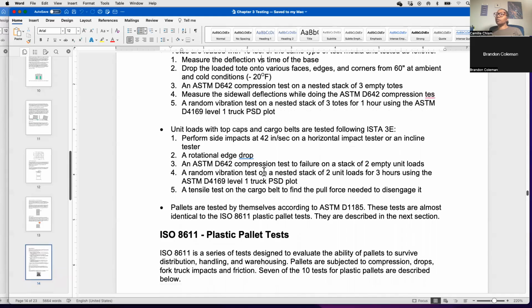This one is when you have unit loads that have top caps on them. I don't really talk a whole lot about it, but the best I can do is describe it: it's not a pallet, but there's a cap, and you've seen pictures in the previous chapters where you have a lid. Some can be used as a pallet and a lid.